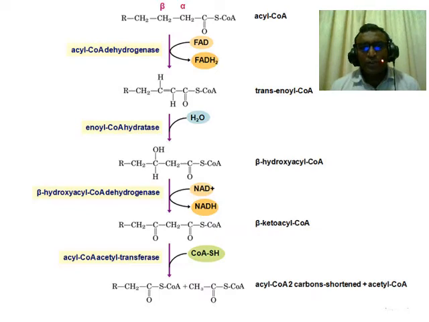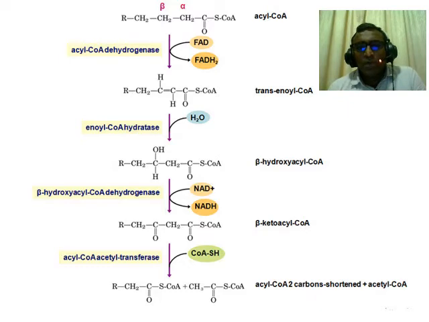So here is shown the beta oxidation, whereby there are 4 steps each time to remove 2 carbons as acetyl coenzyme A. You have the acyl coenzyme A, where the reaction takes place at the alpha carbon as well as the beta carbon.